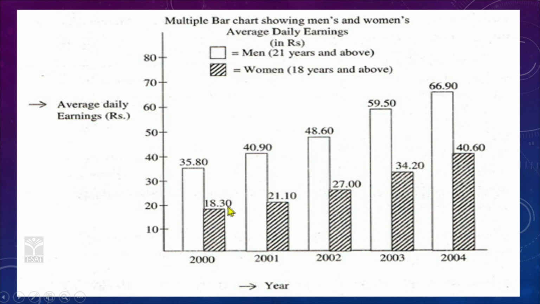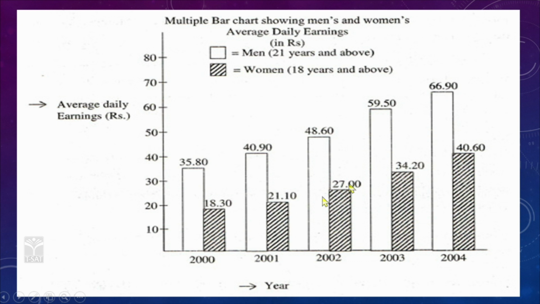So, approximately 3 rupees increased here, and here around 5 rupees increased. Then it is 48 rupees 60 paisa in 2002, in 2003 it is 59 rupees 50 paisa and in 2004 66 rupees 90 paisa.